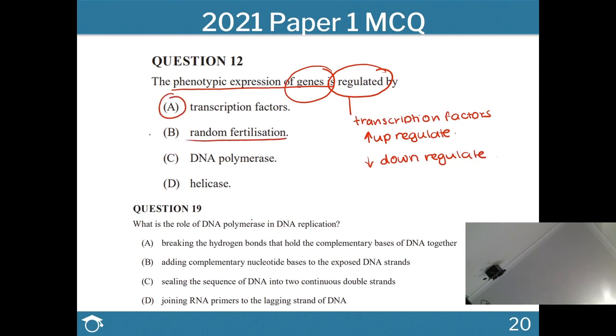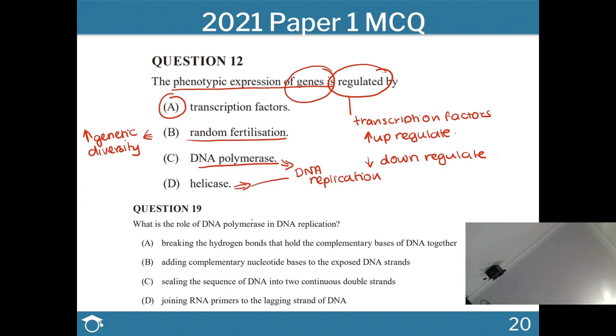Random fertilization is used to promote genetic diversity in meiosis. DNA polymerase is used in DNA replication, and so is helicase. So the only thing that is relating to gene regulation is transcription factors.